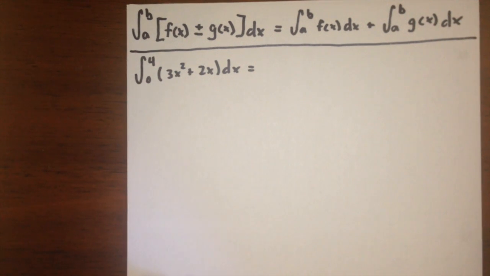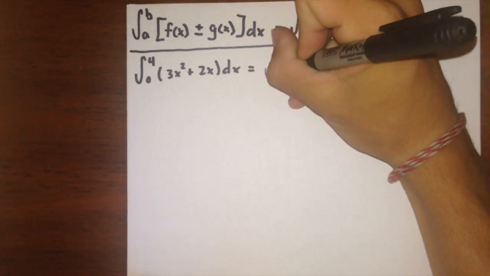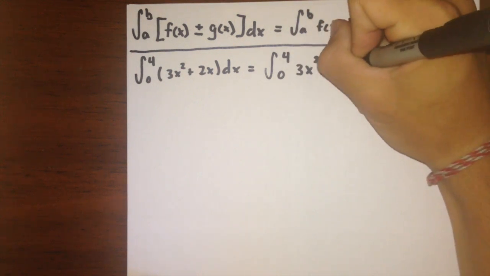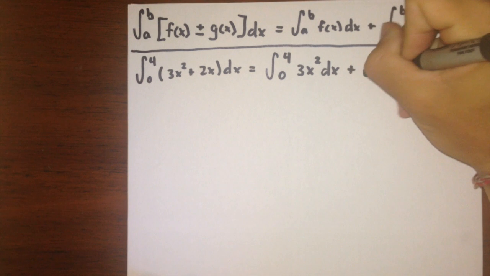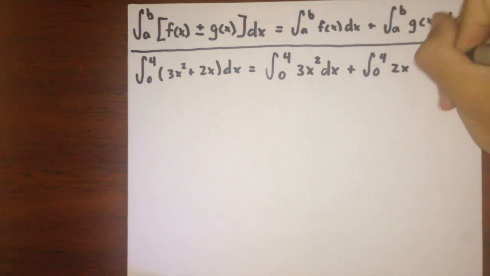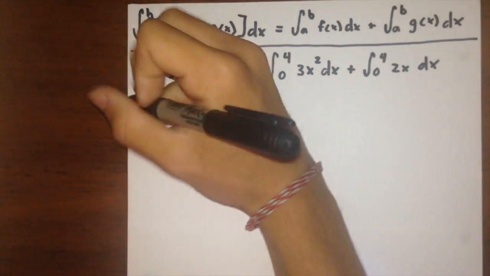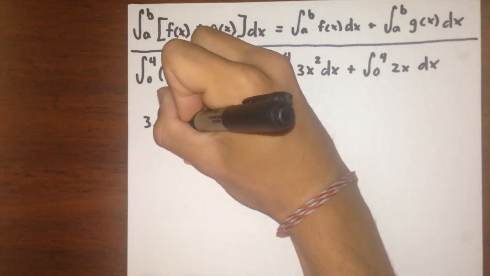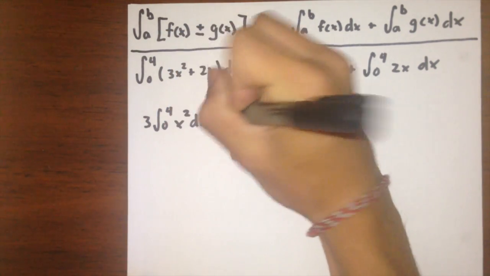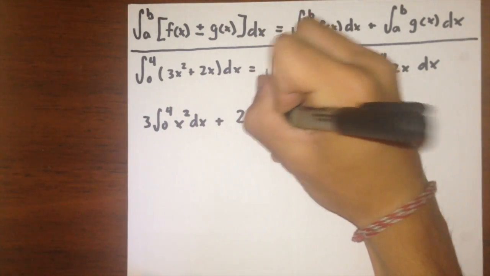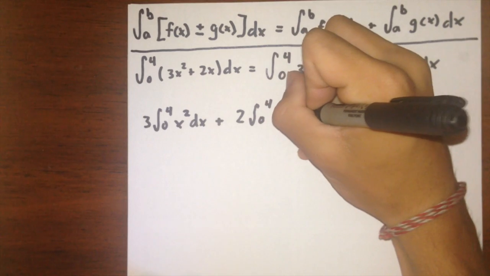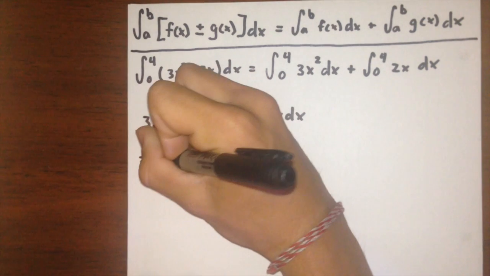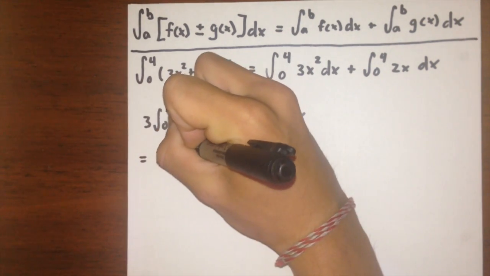For this example, we'll be using the theorem of functions added or subtracted within integrals. Here we can split up the integral into two separate integrals. Note in this step you can also pull out the constants. Now all that is left to do is integrate.